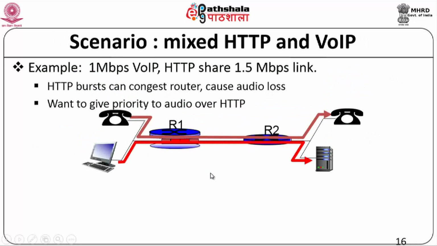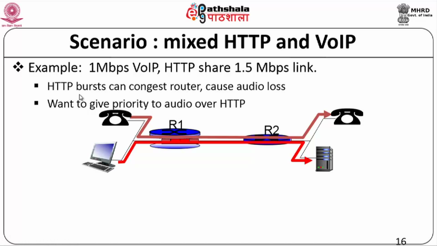For instance, one of these flows could be HTTP traffic and one could be voice over IP traffic, right? So what could happen? Let's say we have 1 megabit per second voice over IP, and I also have HTTP. Both of them are sharing a 1.5 megabit per second link. Normally you don't expect HTTP to really interfere with the VoIP traffic, but sometimes a burst of packets can come because of HTTP.